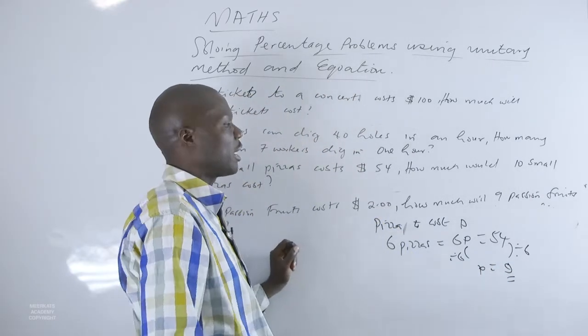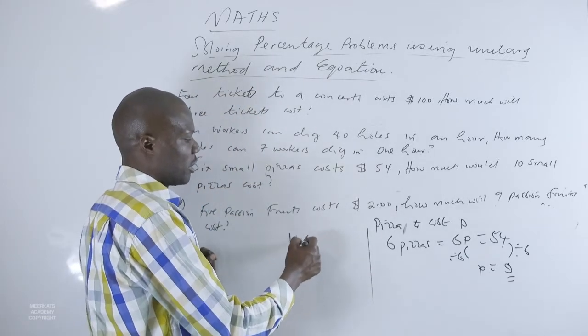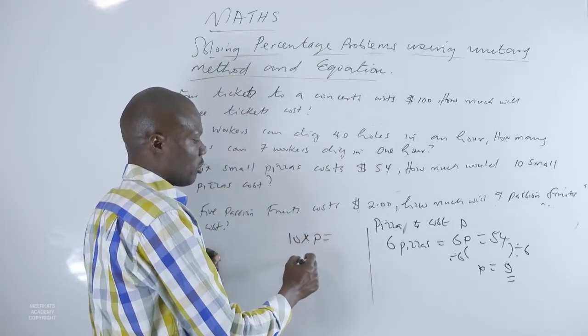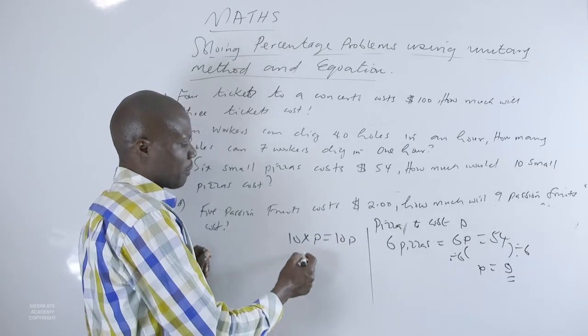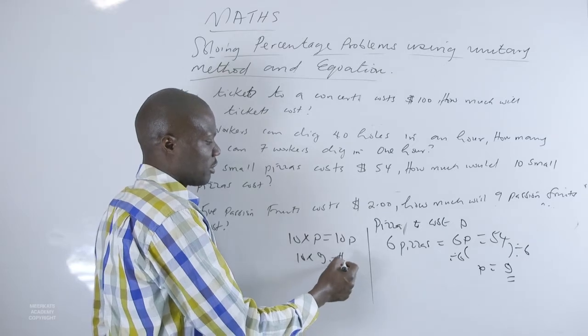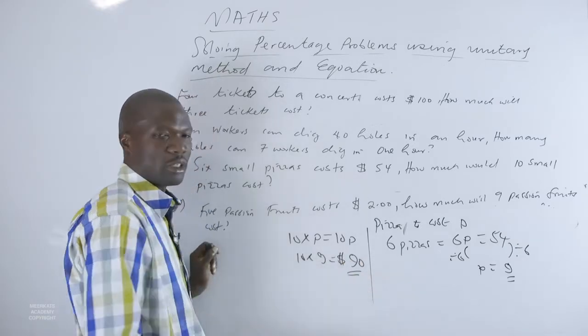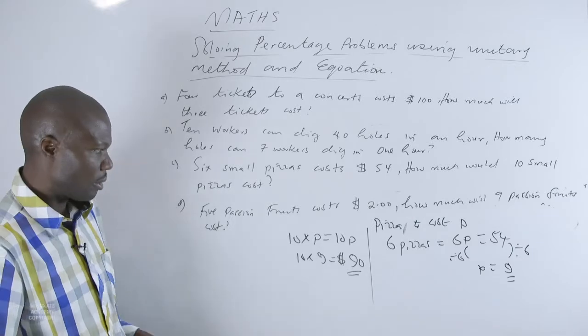How about 10 pizzas? 10 pizzas will be 10 multiplied by P, which is 10P, which can be substituted, and we get 10 multiplied by 9, which gives us a total of $90. That is the unitary method.